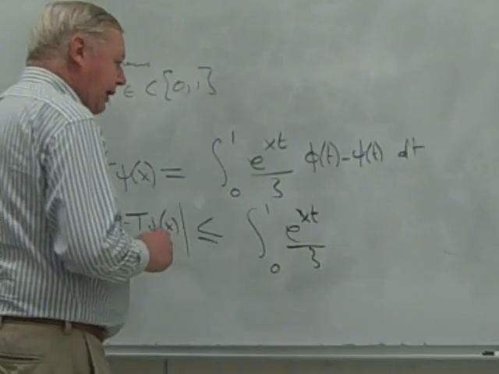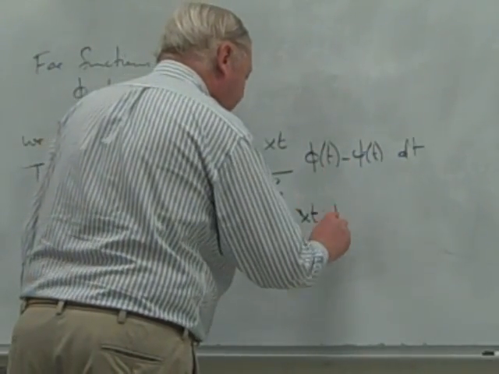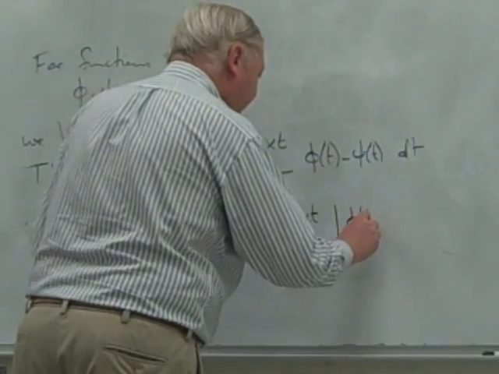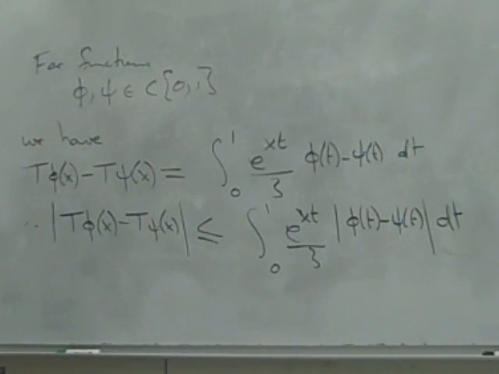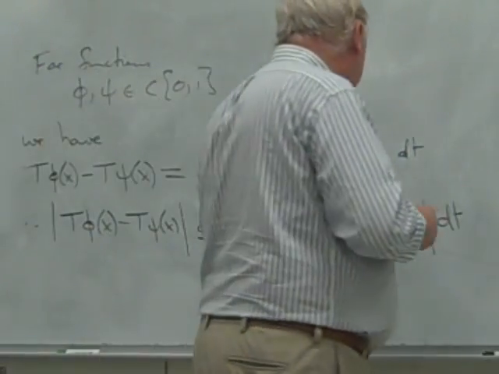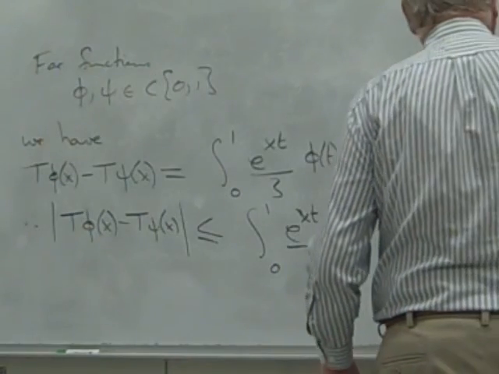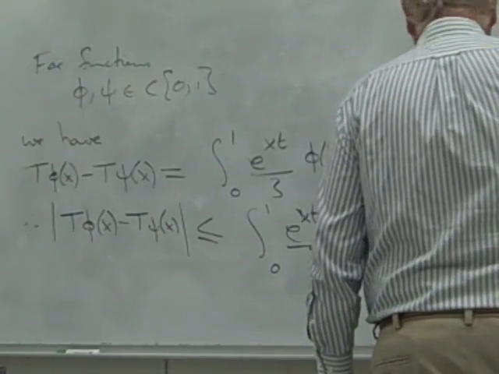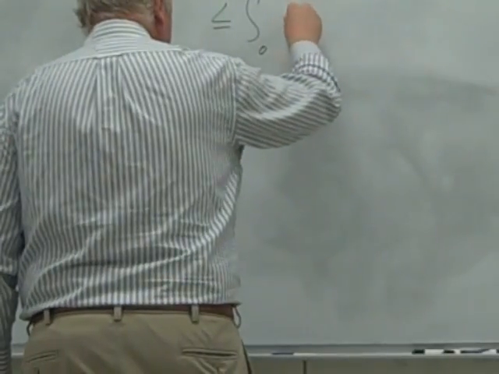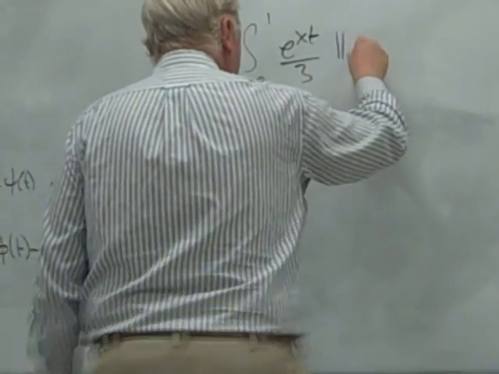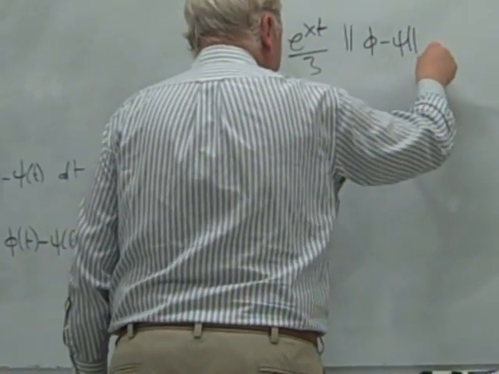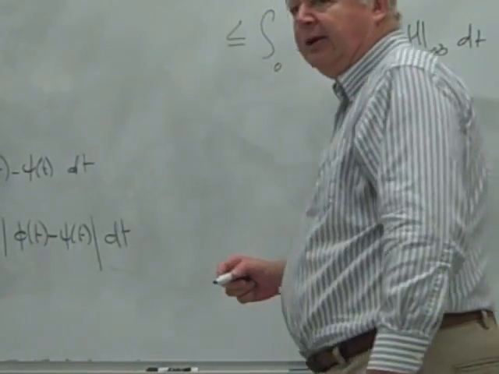And then we will have the absolute value of phi of t minus psi of t dt. And that last absolute value is bounded by the infinity norm of the difference. So this is at most the integral 0 to 1 e to the xt over 3 times the infinity norm of phi minus psi, integrated dt.